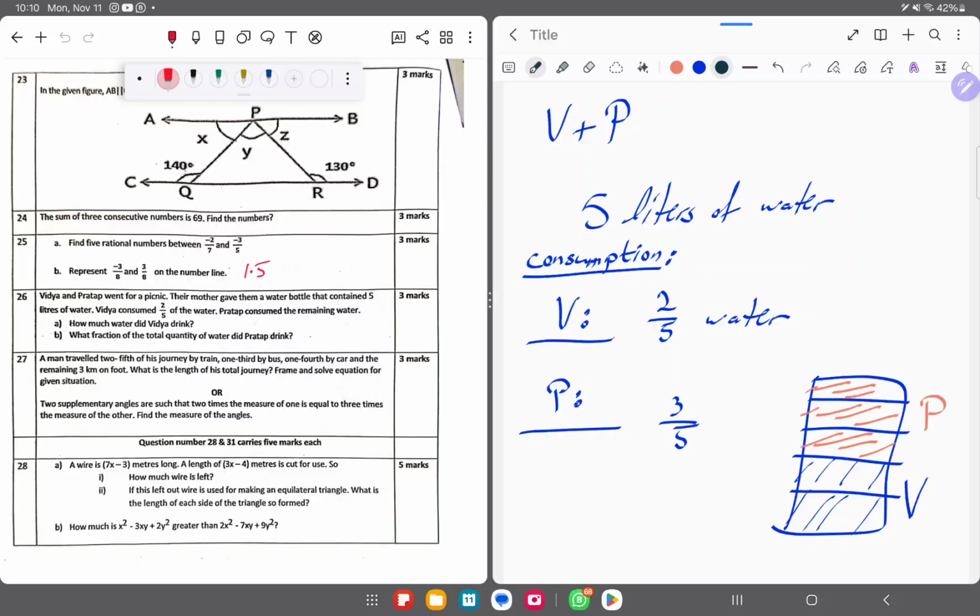So how much water did Vidya drink? This 2 over 5 is 2 liters. Each one is 1 liter. This is obvious.